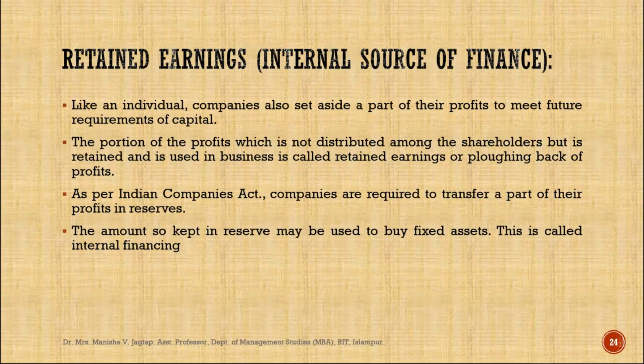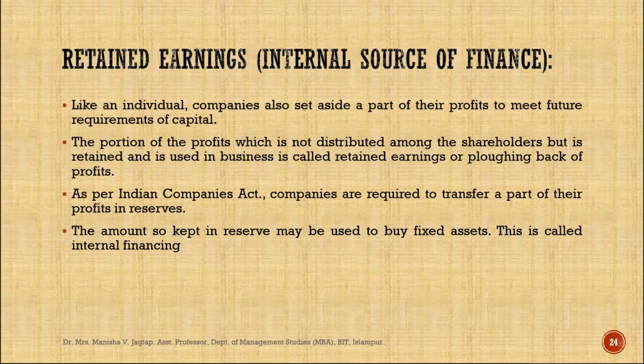Next is retained earnings. Like an individual, companies also set aside a part of their profit to meet future requirements of capital. The portion of the profit which is not distributed among the shareholders but is retained and used in business is called retained earnings or ploughing back of profit.